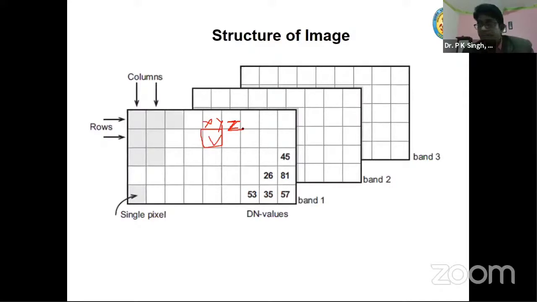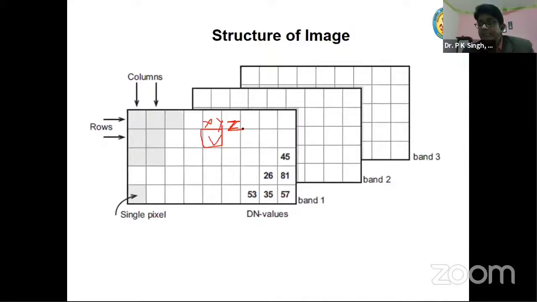But nowadays, some data like Landsat 8, I will be explaining later. Landsat 8 is free data, OLI data. Up to Landsat 7, the image sensor was ETM plus, which is 8-bit data. But in Landsat 8, the image sensor is OLI, Operational Land Imager, which is also freely available. OLI data is 16-bit data.